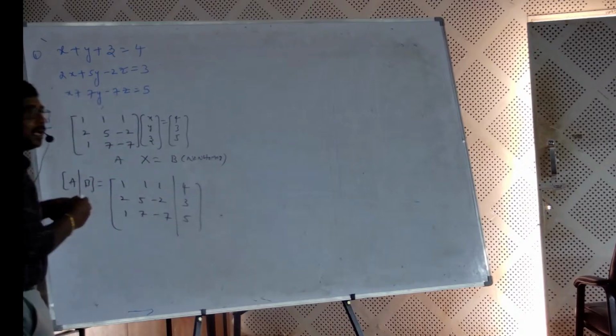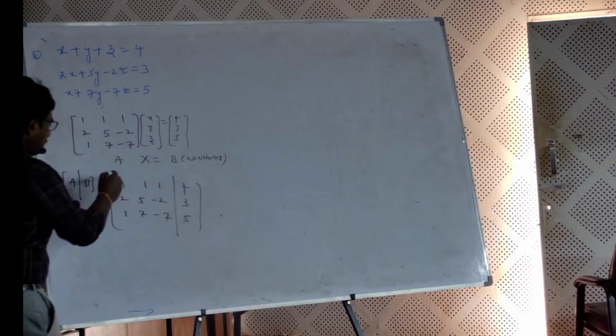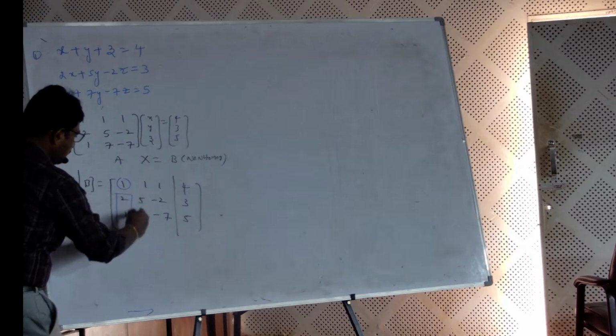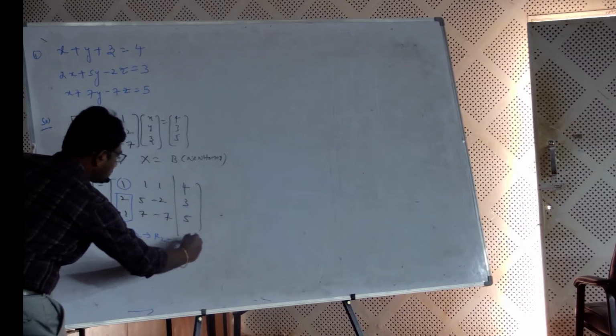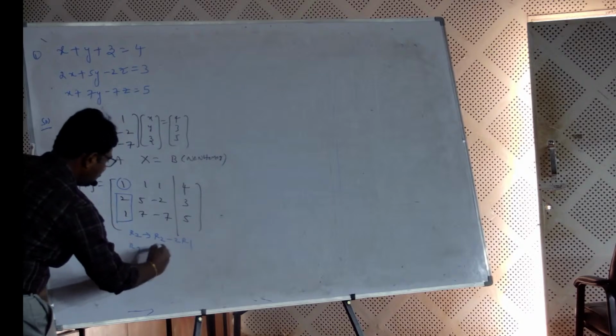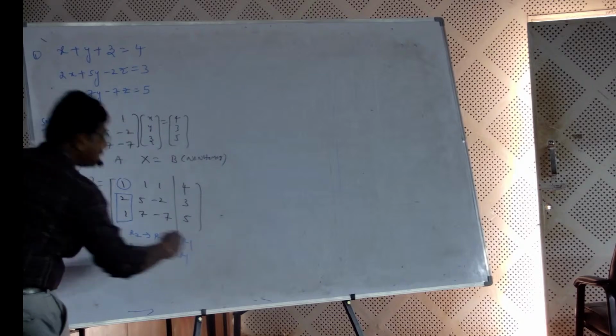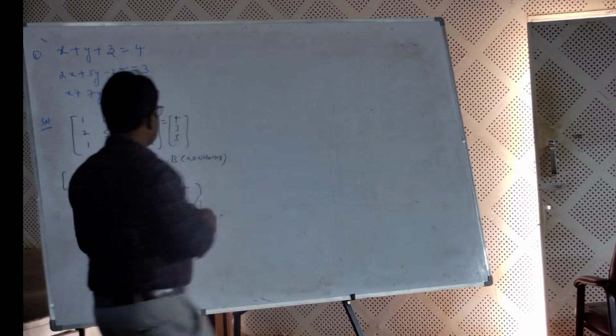What is the first target? R2 implies R2 minus 2R1, R3 implies R3 minus R1. Perform this.